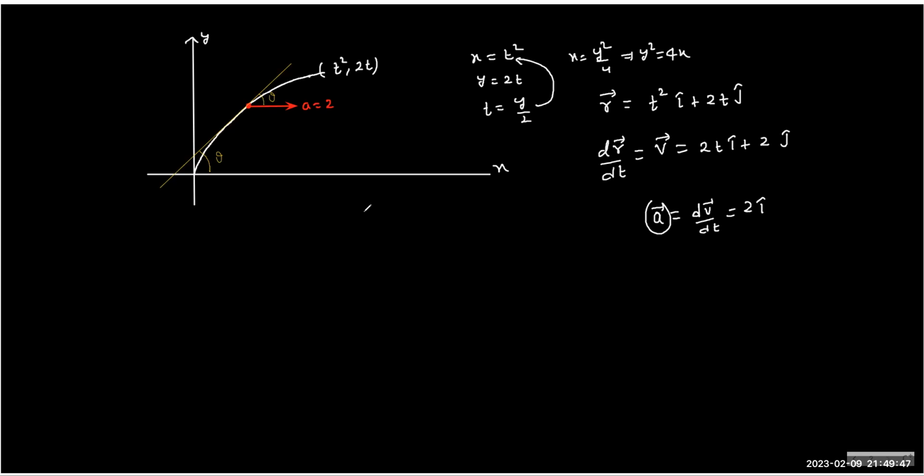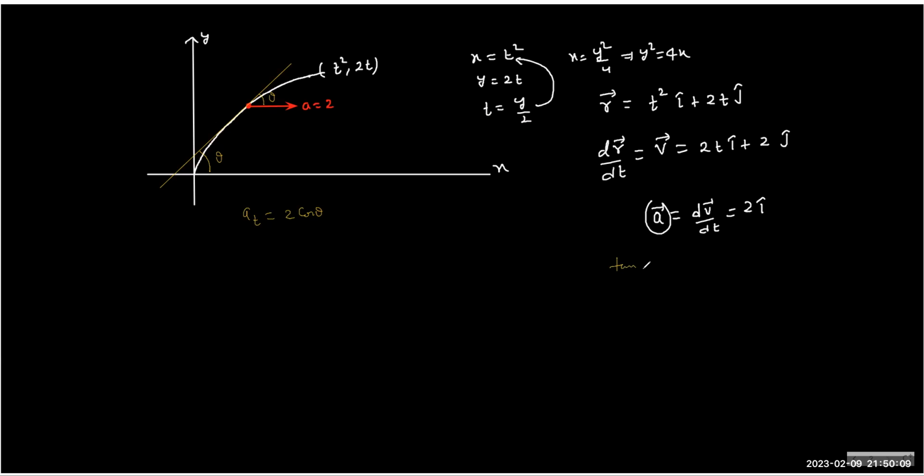Now the question is, we know what the tangential axis is. What is a_T? What is the tangential acceleration at any instant? 2 cos theta. It is 2 cos theta. And because I know the tan theta, you know how I know tan theta?